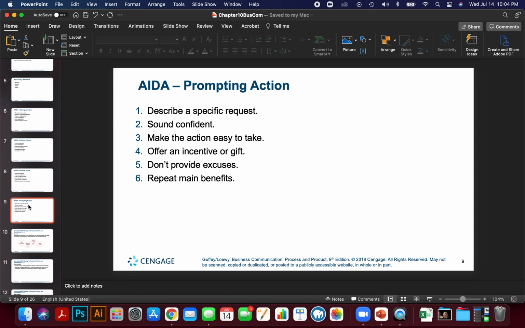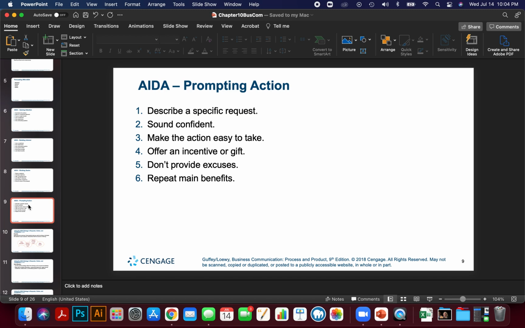Finally, prompting action. We're going to describe our specific request. We're going to sound confident in our request, and we're going to make it easy for them to take action. We're going to offer them an incentive or a gift. I like it because I use the free prize inside instead of the incentive or gift. And it doesn't have to be a tangible object.